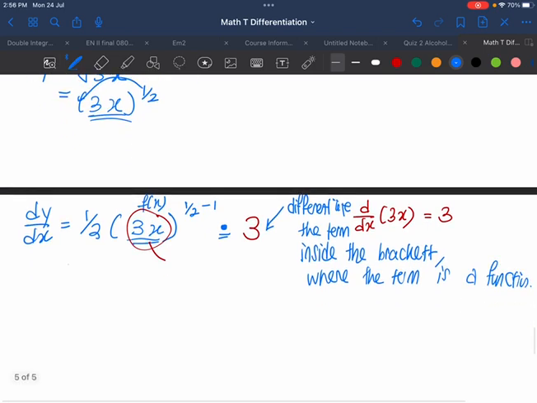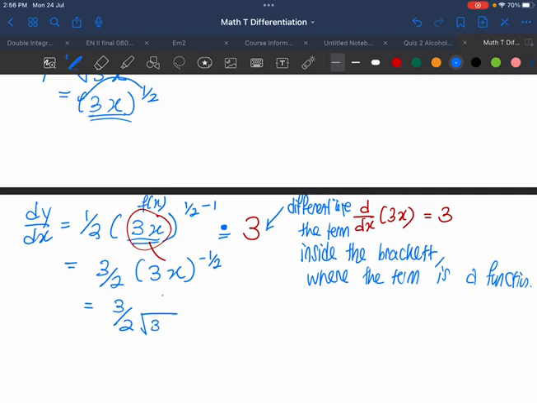So we will get 3 over 2, 3x to the power of half minus 1, which is negative half, and we will get the answer. So you get something like this, here is 3x, and substituting we get this x to the power of half.